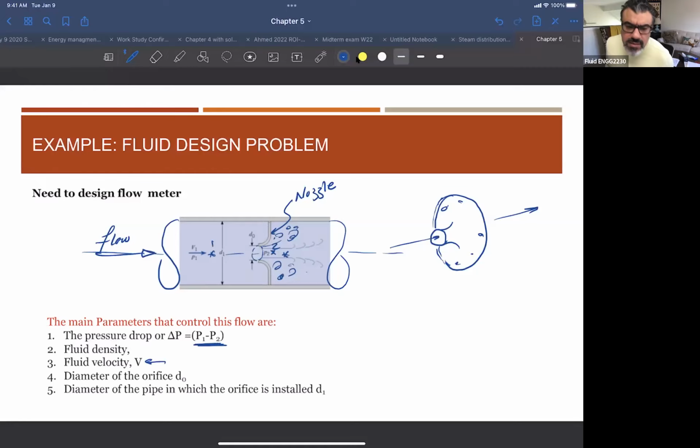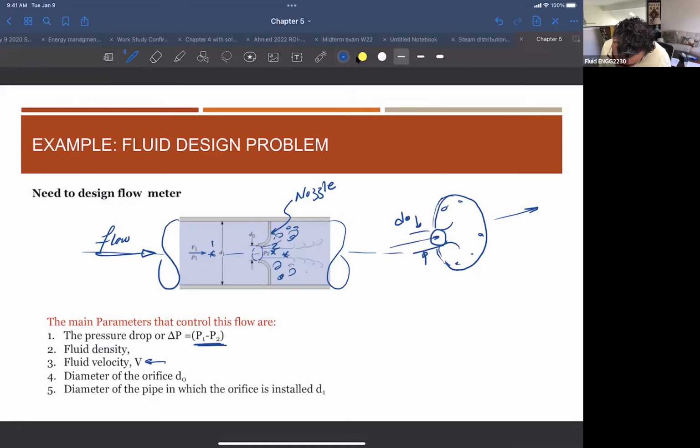How about if I test this for water, and I test it for oil, and I test it for other types of gases? Fluid density and viscosity can also affect this pressure drop, so it depends on the fluid type in these orifices. How about if I design this orifice?